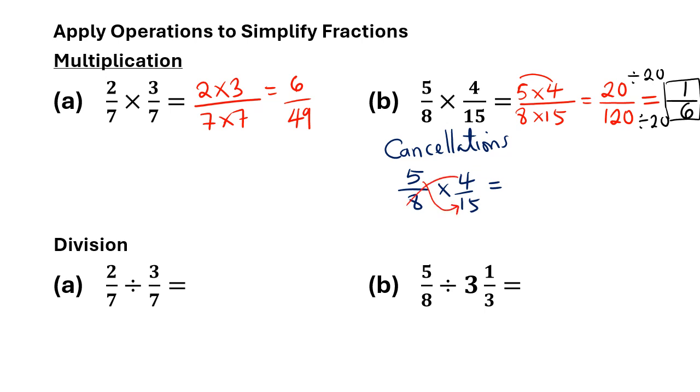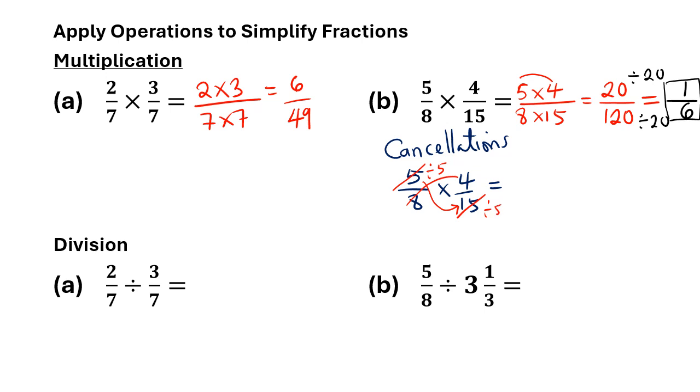So I'll be looking to cancel 5 and 15. I know that 5 can divide 15 exactly to give 3. So I'll cancel 5 and 15 first. Canceling 5 means I'm going to divide 5 by itself and divide 15 by 5.